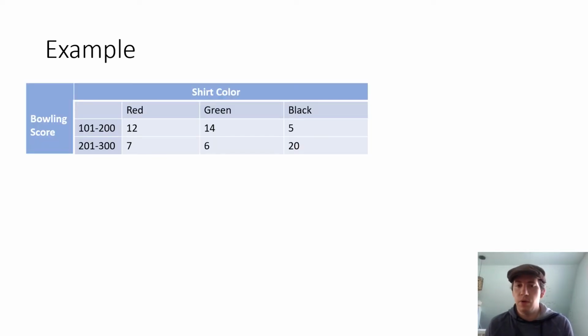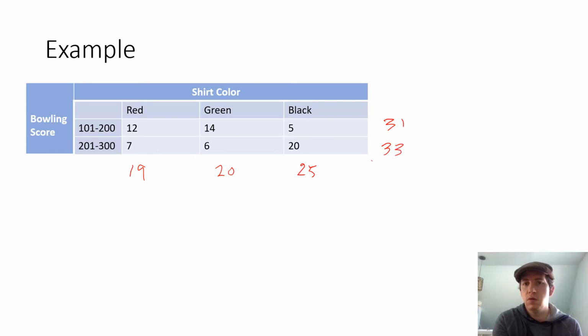So here's an example where we can start to look at the expected values. We can do the column totals for each of these. 12 plus 7 is 19, 14 plus 6 is 20, and 5 plus 20 is 25. And then we have the row totals. 12 plus 14 is 26 plus 5 is 31, and 7 plus 6 is 13 plus 20 is 33.